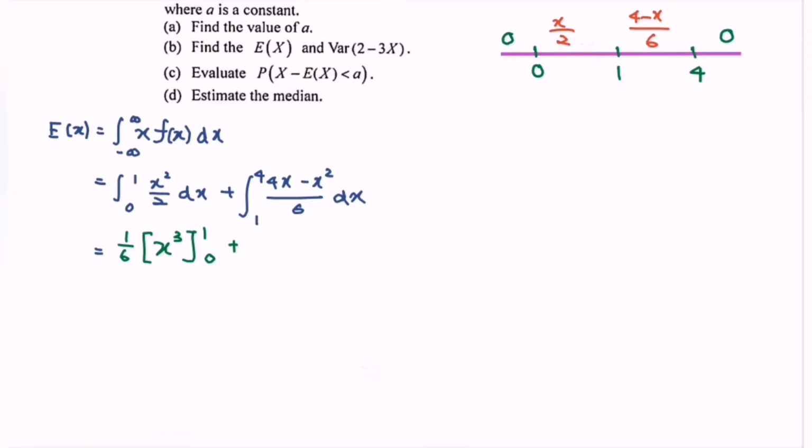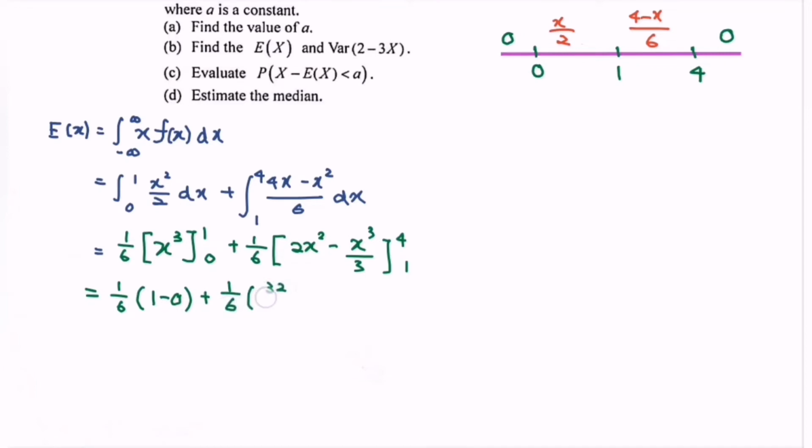Plus, continue, we have 1 over 6 bracket 2x squared minus x to the power 3 over 3 with the domain 1 to 4. Kindly substitute, we have 1 over 6 bracket 1 minus 0, plus 1 over 6 bracket, if we substitute 4, we will have 32 over 3, if we substitute 1, we will have 5 over 3.